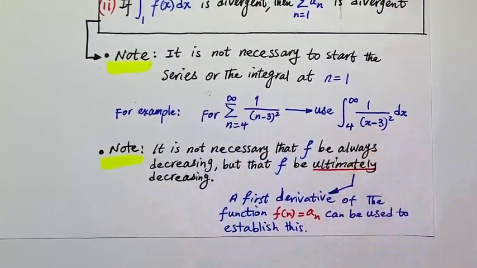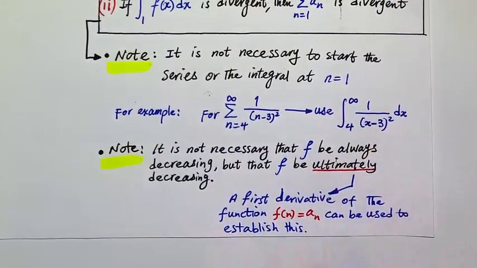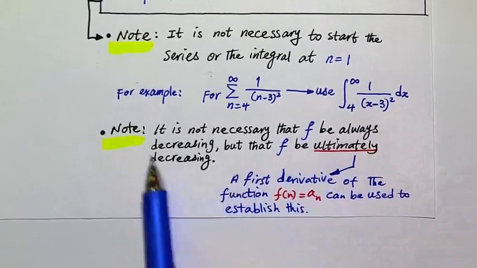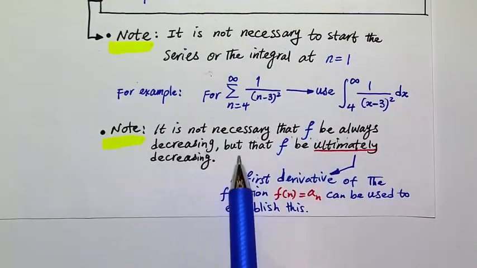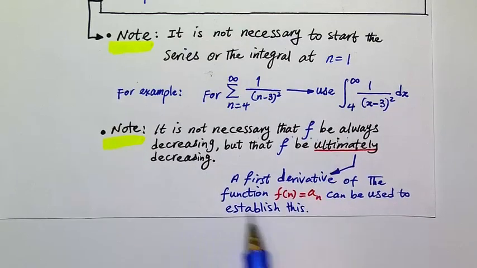If the function has other behavior, say increasing outside of that interval, it's totally okay. And that's what this note is all about. It is not necessary that f be always decreasing, but that f be ultimately decreasing.